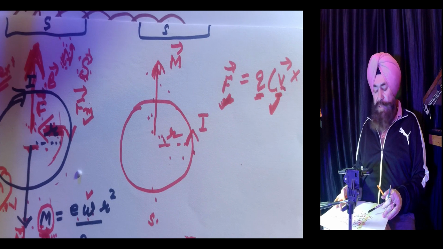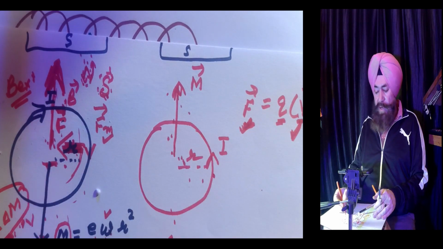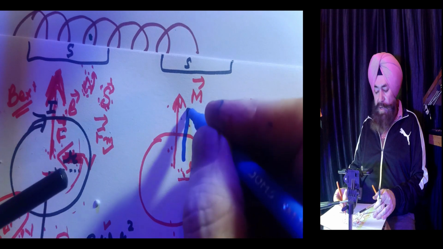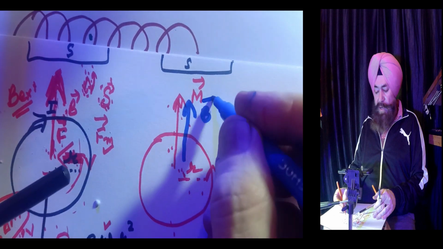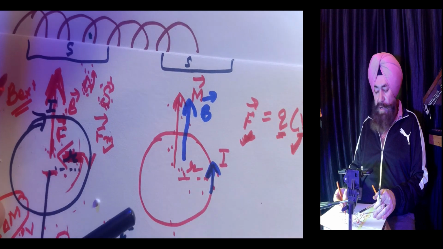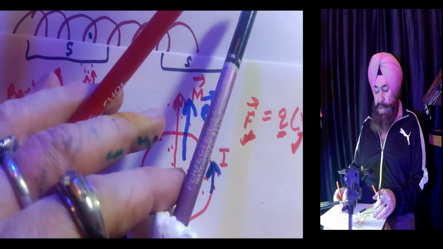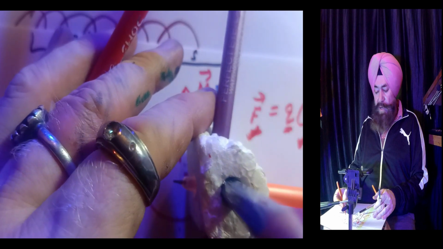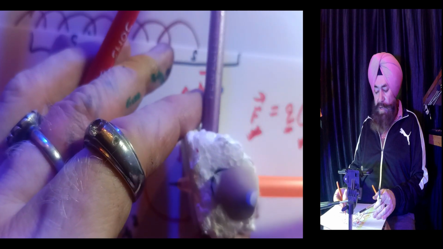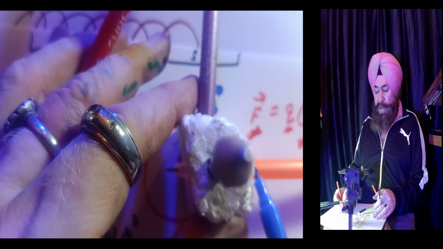Now coming to this case. Here also there is an external magnetic field B vector. The current here is anti-clockwise. Now applying the same rule: magnetic field, current and force.